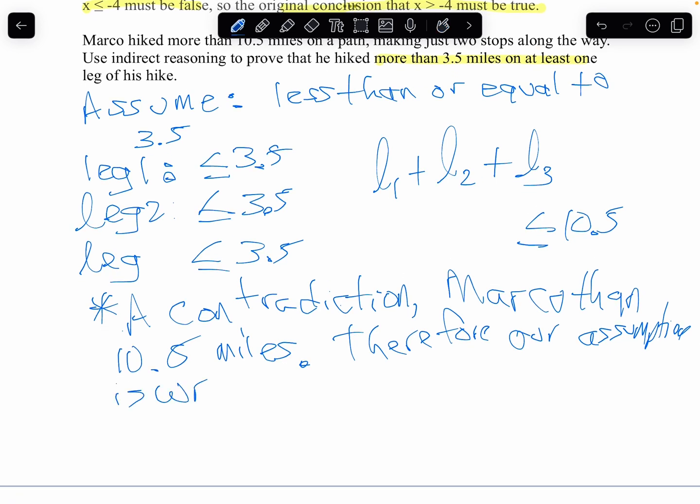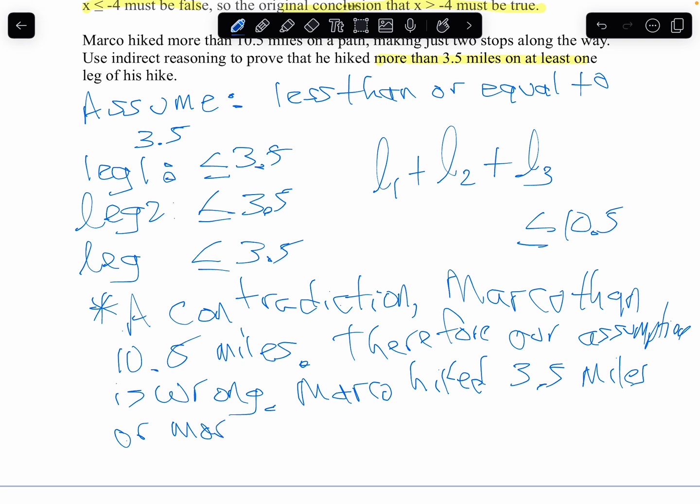And we're going to write down what we're supposed to prove. That is, Marco hiked 3.5 miles or more on at least one leg of his hike.